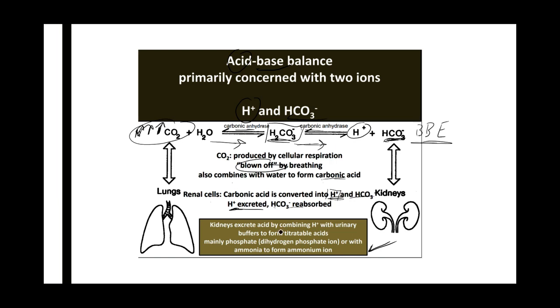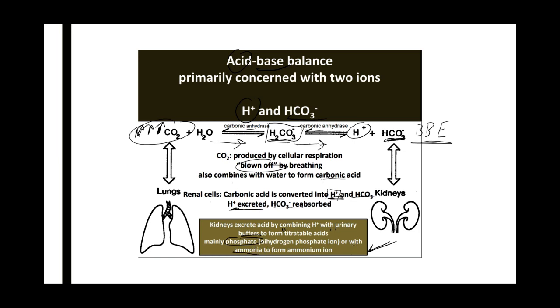So titratable acids, you'll see this again. Dr. Rausch will talk about this. The way the excretion of acid is performed is it has to be combined with some type of buffer, and it's usually a phosphate buffer. That's kind of a buzzword, phosphate buffers.